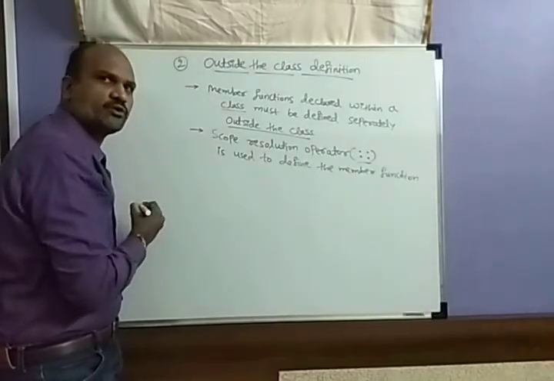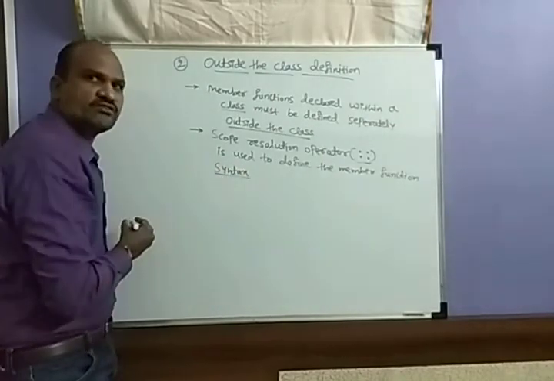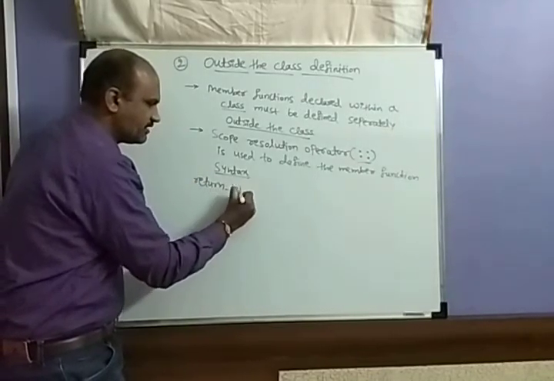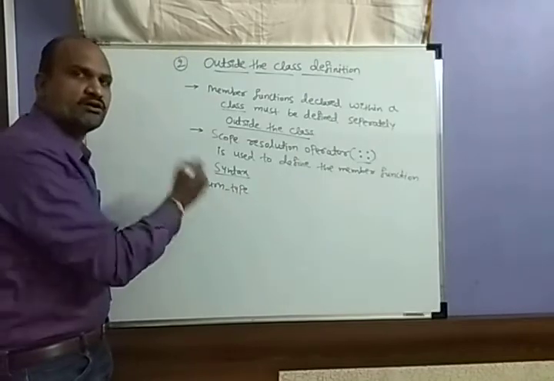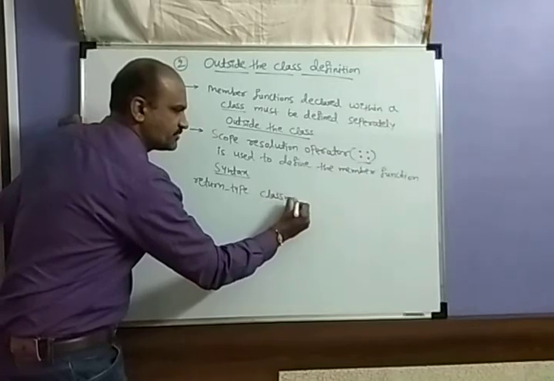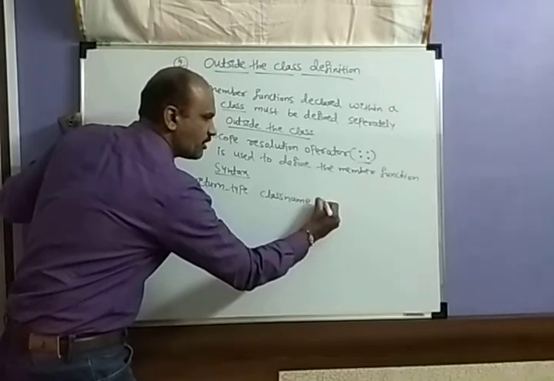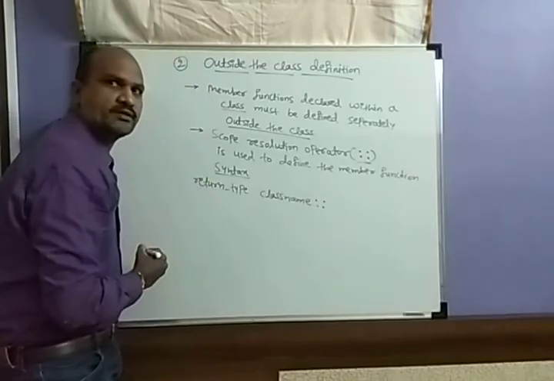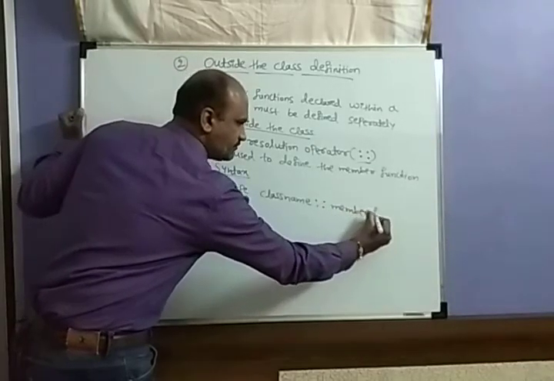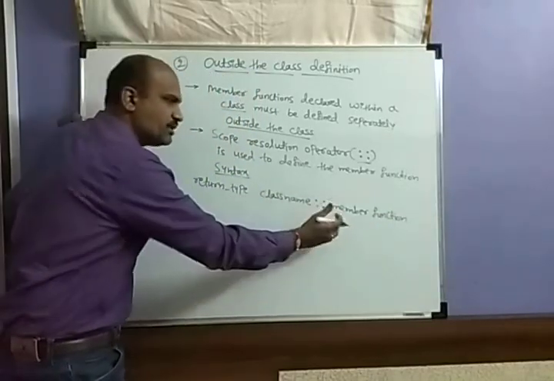So how do you write the syntax? Very important. Return type, it may be integer, void, some return type. Then the class name, whatever name you have given the class. Then the scope resolution operator. Then the member function name.